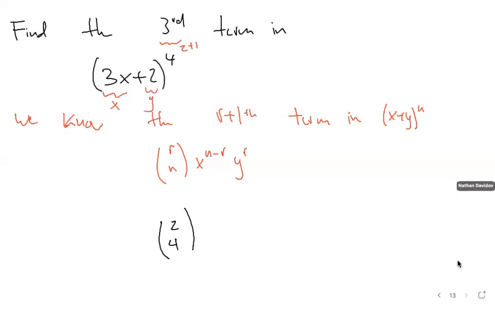So this is going to be 3x to the 4 minus 2, y, 2 to the 2. And what is 2 choose 4? Let's figure that out. I'll draw my Pascal's triangle up to row 4.